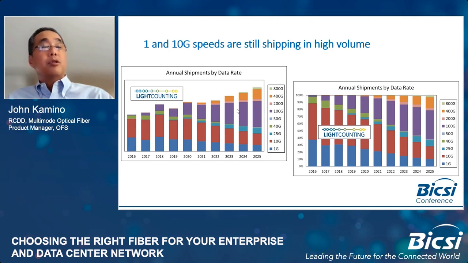They're still the majority of modules that are shipped, and even going out to the end of the period in 2025, they make up a significant portion of the modules shipped into the market. So while we see adoption of higher speeds, especially 100 gigabit and later 400 gigabit modules, there's still a large number of lower speed 1 gig and 10 gig modules being deployed.